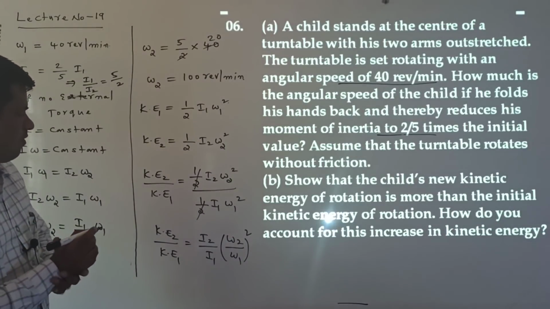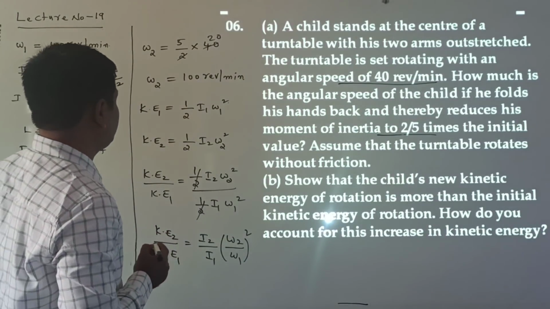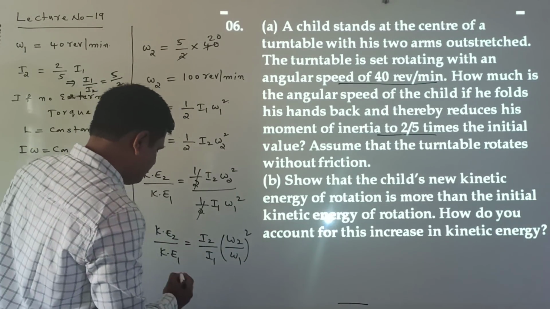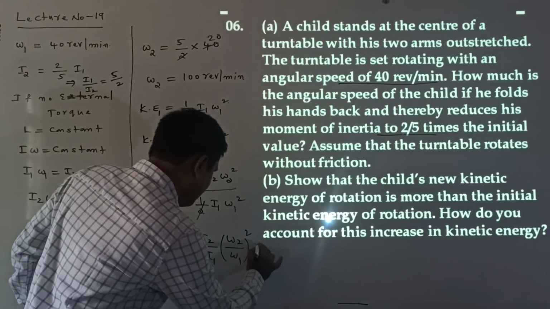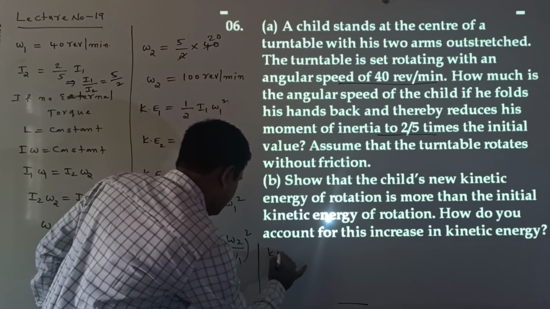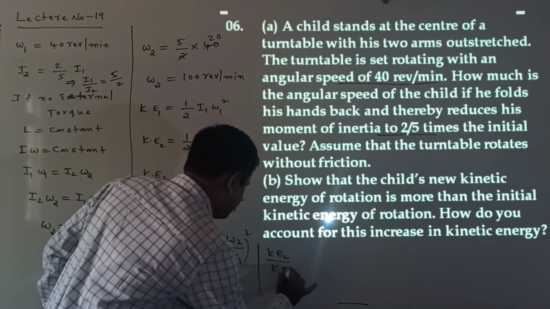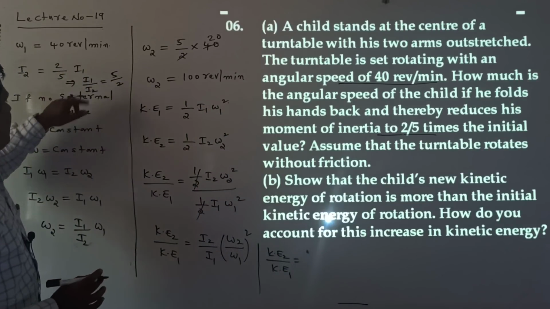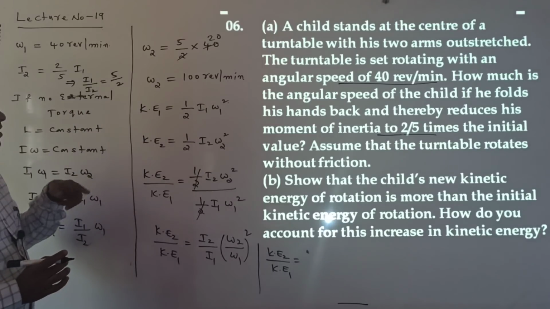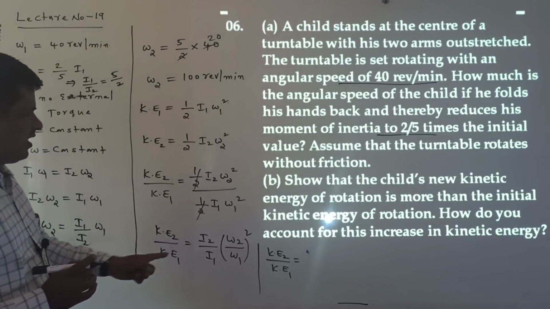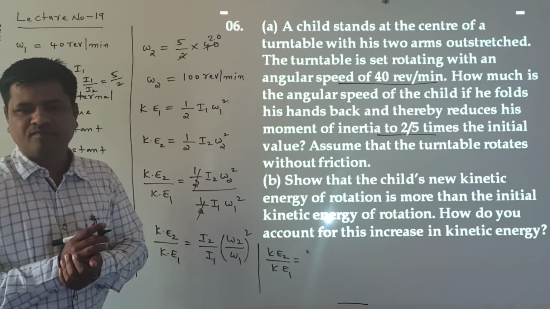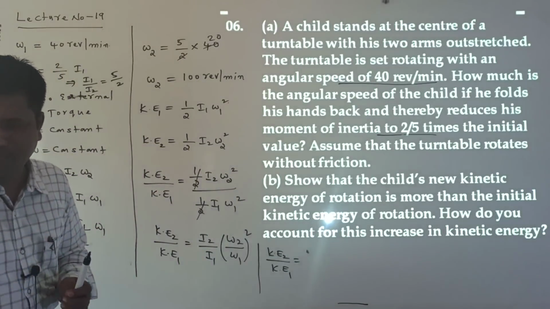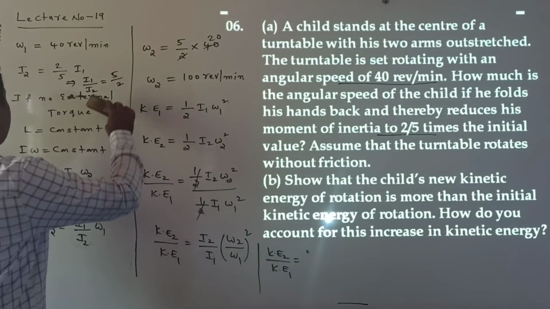Now we already know I2 by I1. Kinetic energy 2 by kinetic energy 1 is equal to I2 by I1 value. Now I1 by I2 is equal to 5 by 2, so I2 by I1 is equal to 2 by 5. Listen once again.